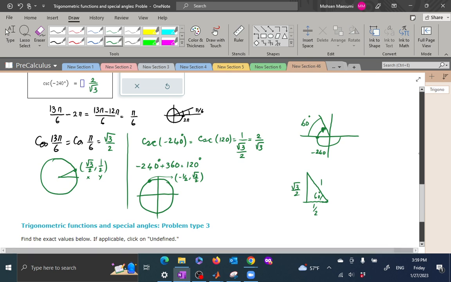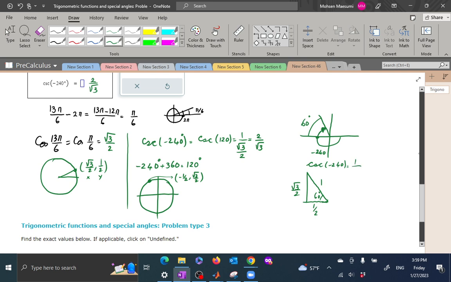Now cosecant of minus 240 is exactly the same as before, cosecant of 120.